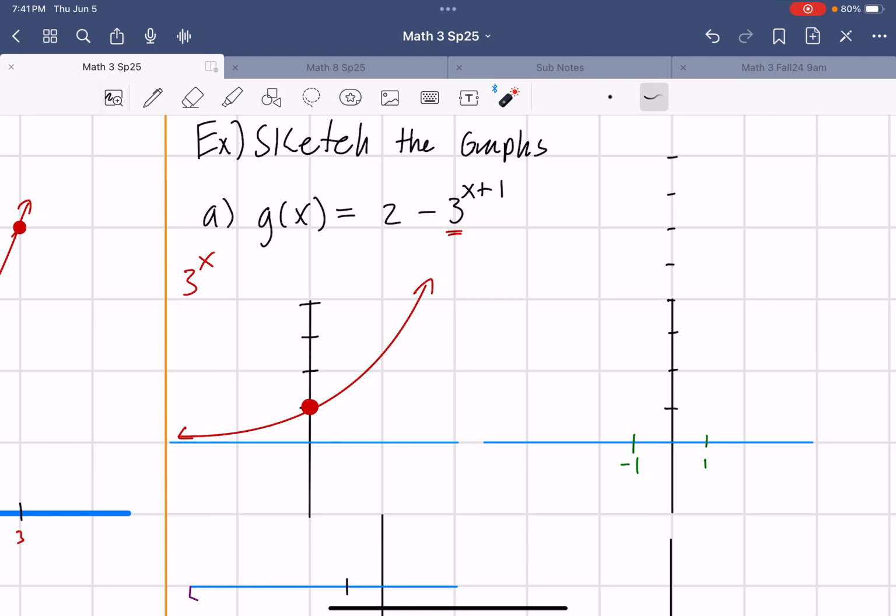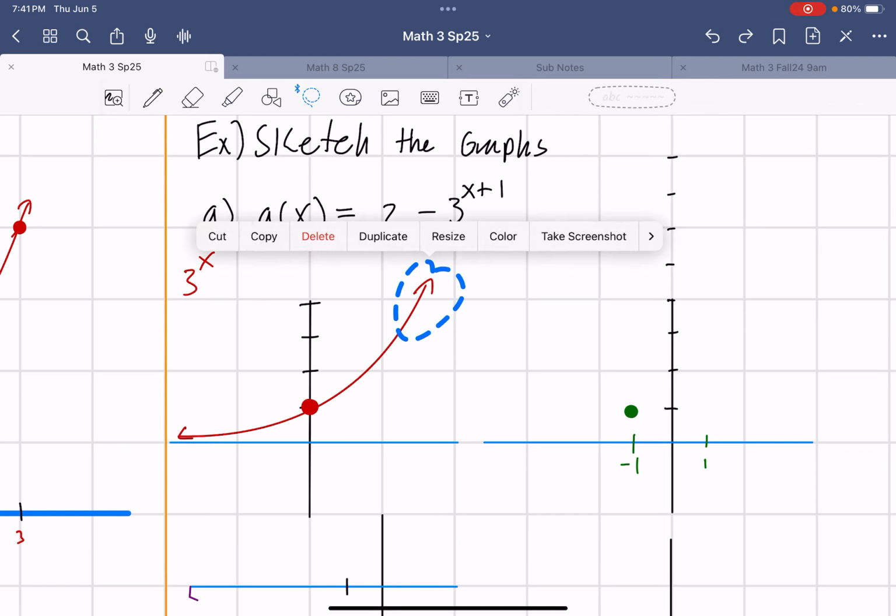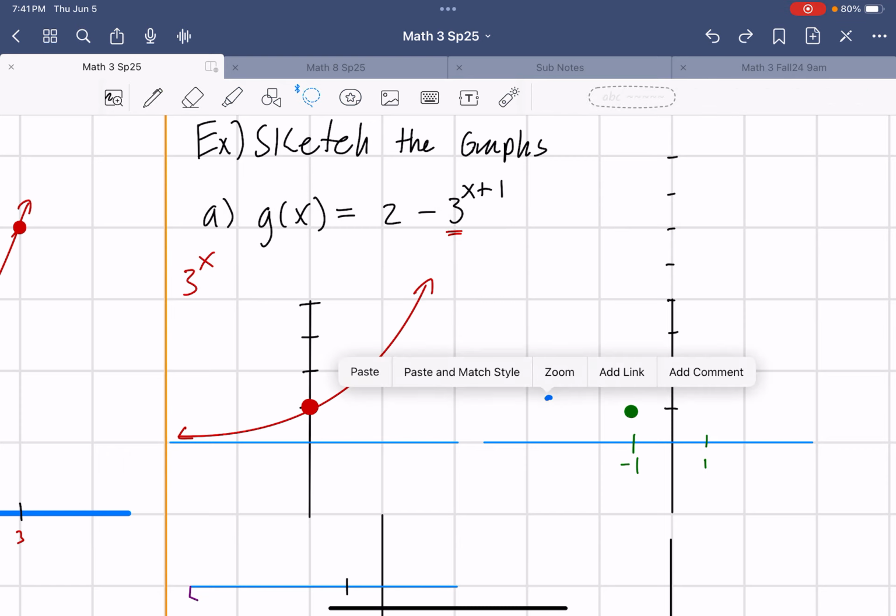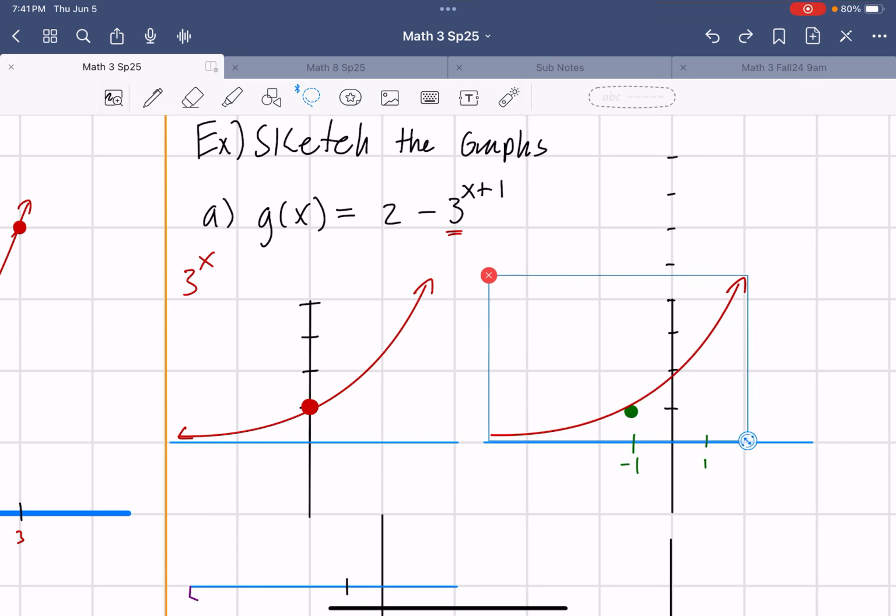It actually shifts the graph 1 to the left. So it would look something like this. You move that point over, but the graph still stays the same. Nothing's changing. Keeping the graph the same. So I'm going to copy this one, just to show you it's just going from here and then moving 1 to the left. That's all.